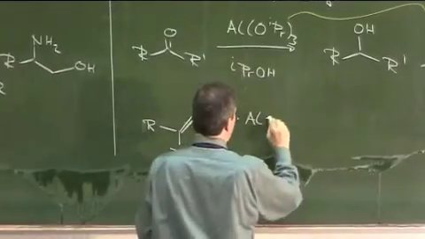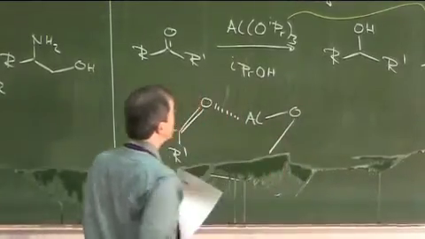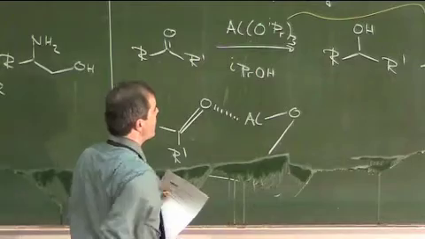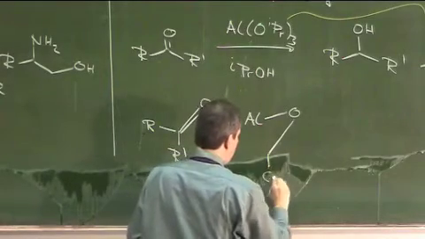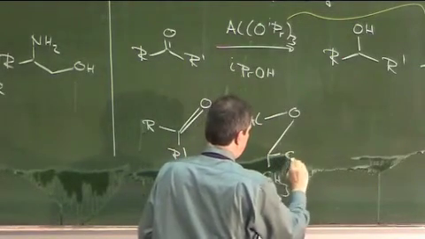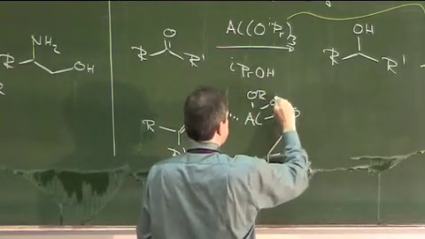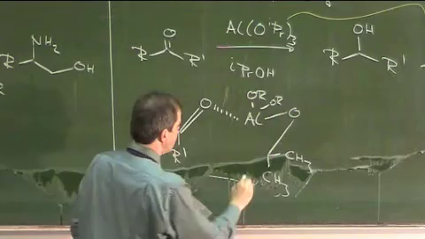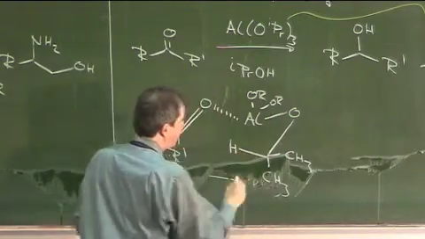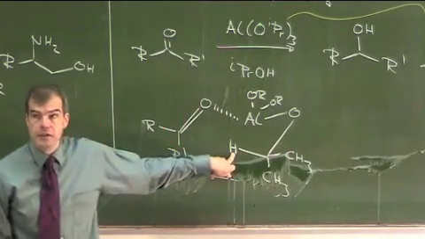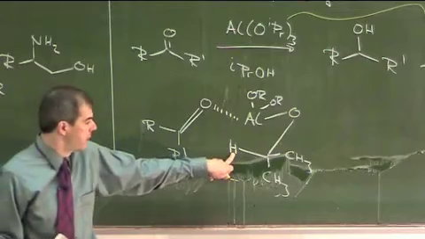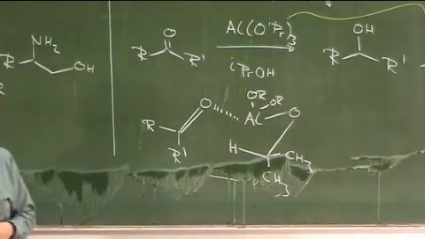Now aluminum is coordinating to it. On the aluminum we have our tris isopropyl groups. And now this hydrogen from the isopropyl group is actually being transferred.